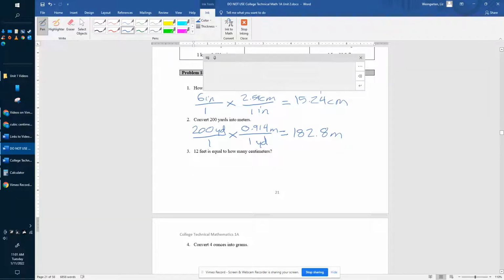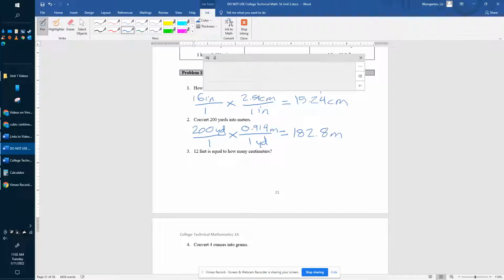12 feet is equal to how many centimeters? Do we have a feet to centimeter conversion? No. What we can do is convert feet to meters and then convert meters to centimeters, or we could convert feet to inches and inches to centimeters.